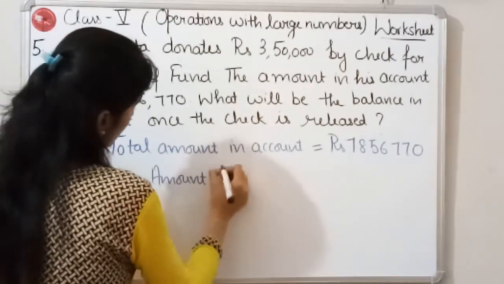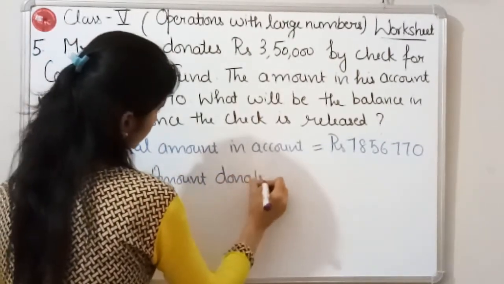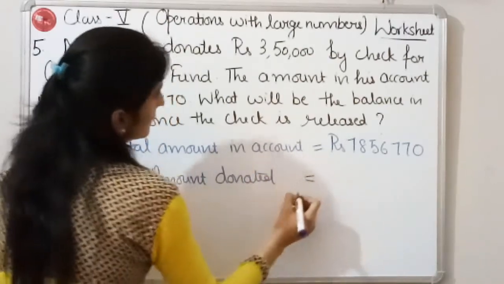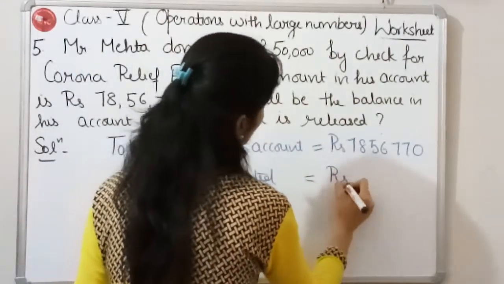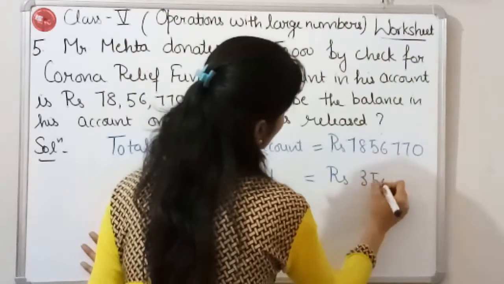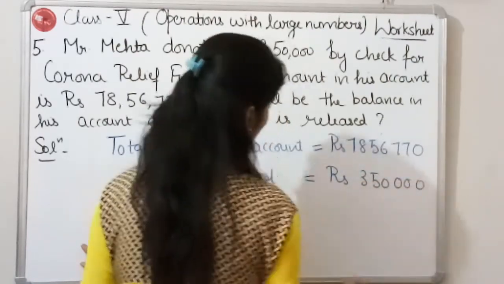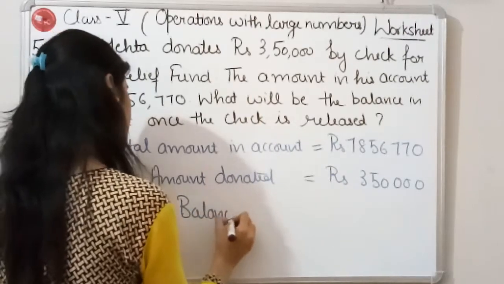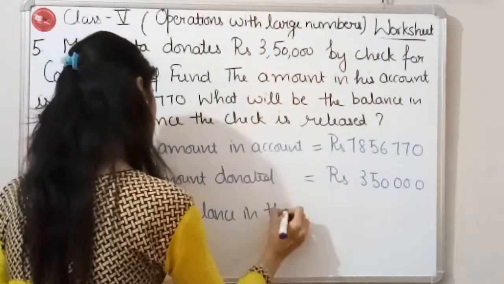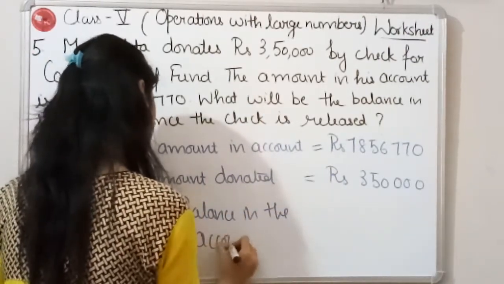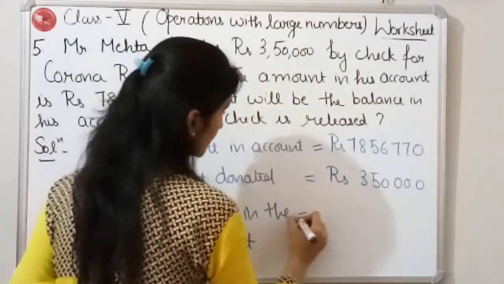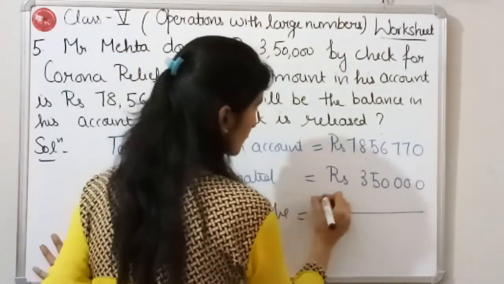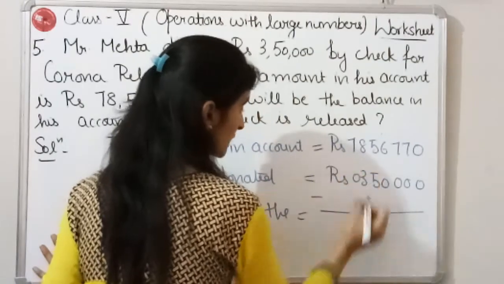Amount donated is equal to rupees 3,50,000. So balance in the account, what will be the balance in his account? We are going to subtract and there we can put 0.